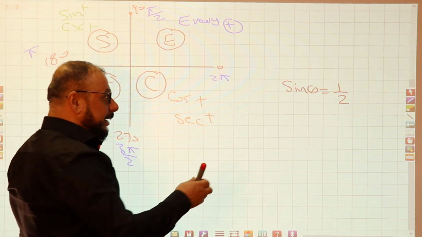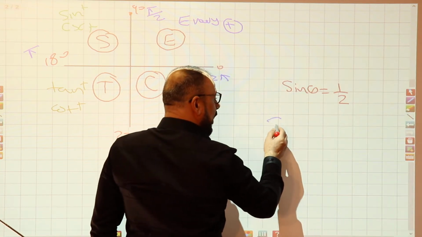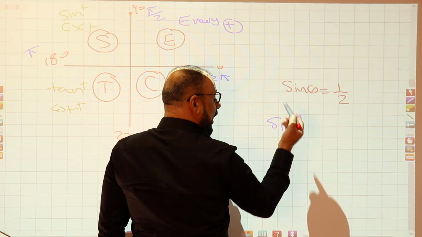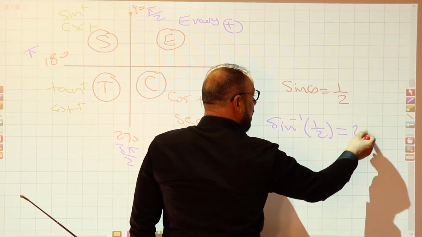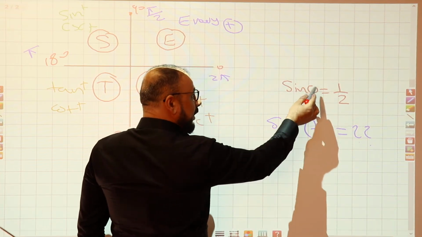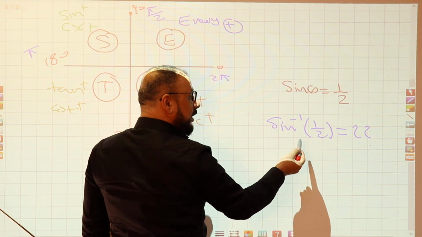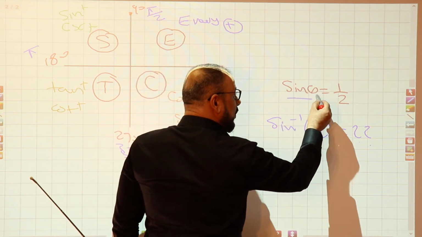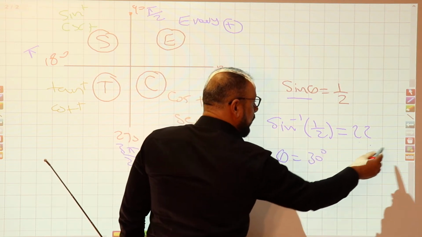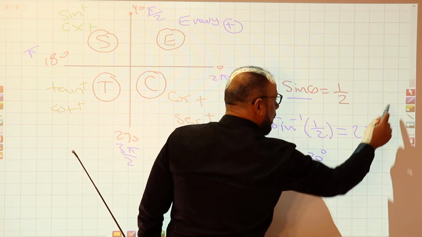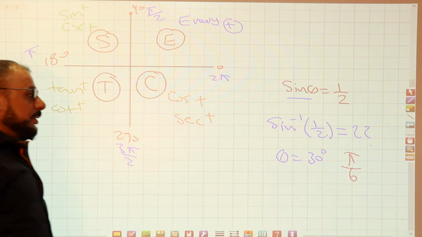I know from my table, I can write it this way: sine inverse of 1/2, if you need to use a calculator. Theta equals 30 degrees, and 30 degrees is pi over 6.